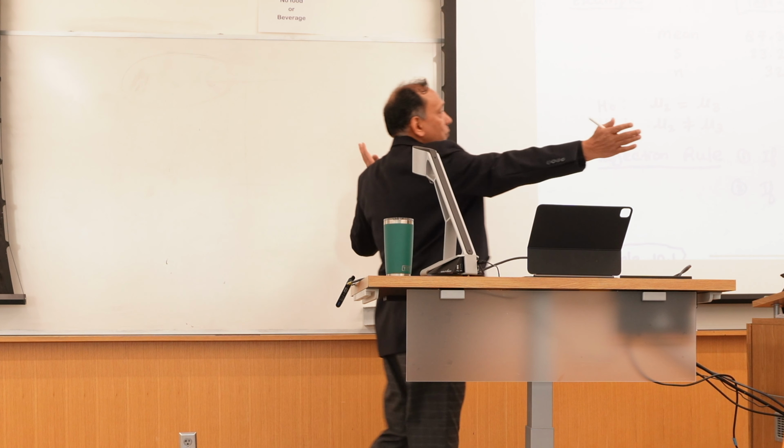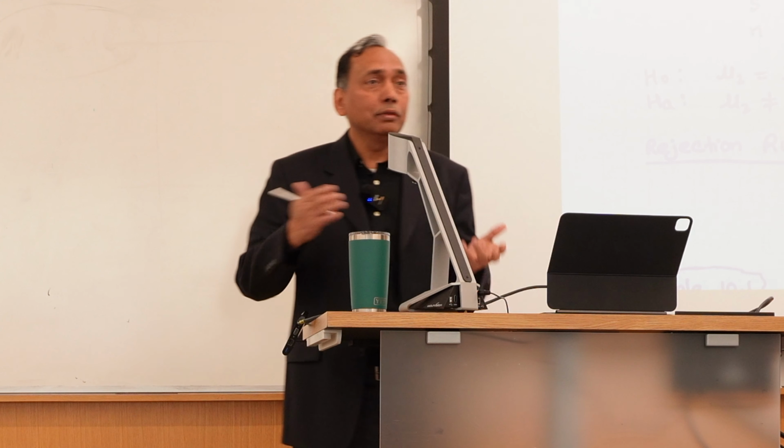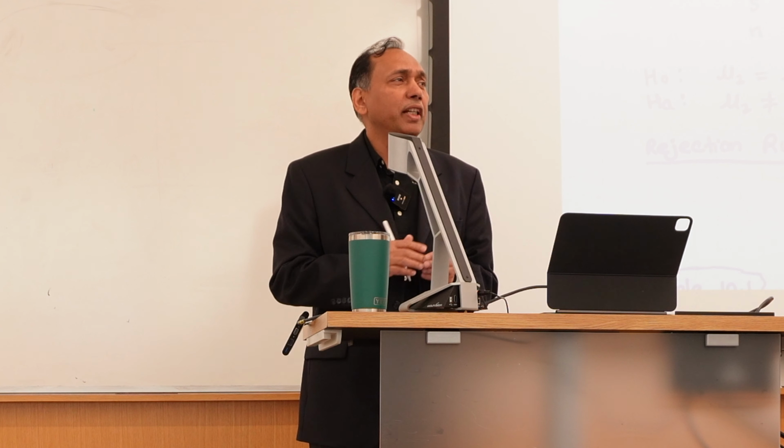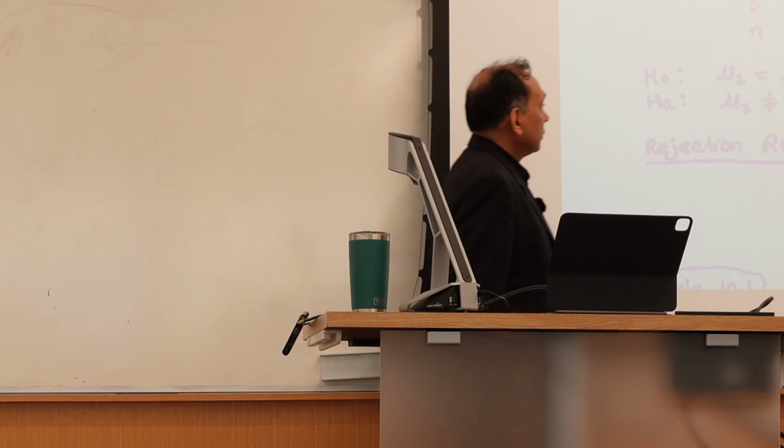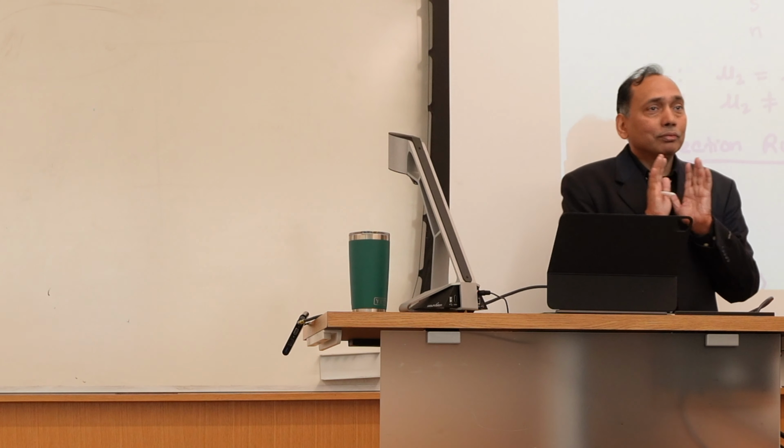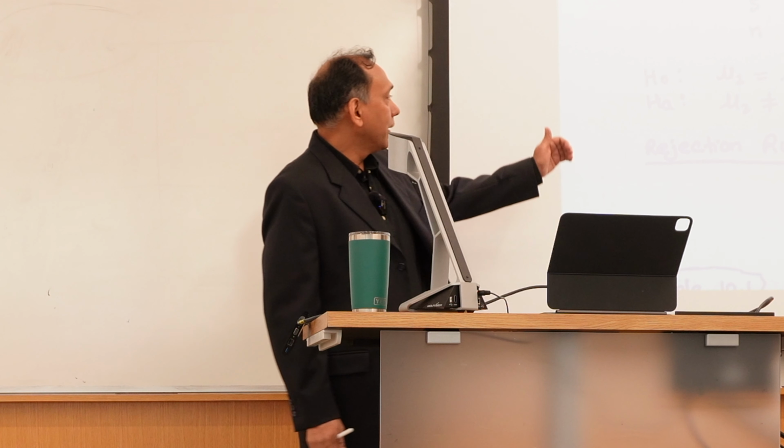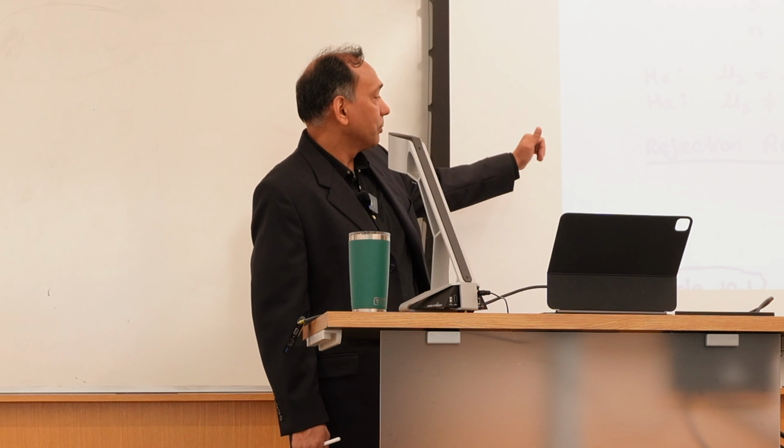But how close is close enough, how far is far enough, could be something that people may judge very differently. So the only way to come to a clear-cut conclusion is to go through a scientific process and arrive at the p-value, and then either reject H0 or do not reject H0.